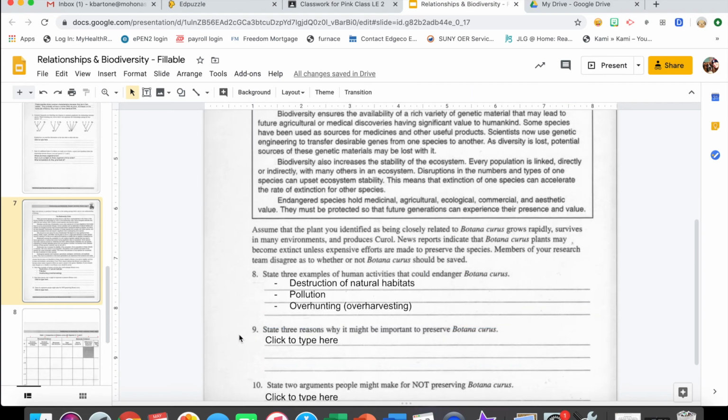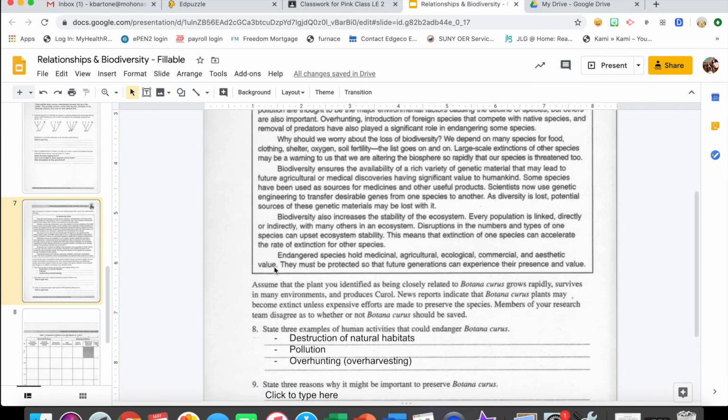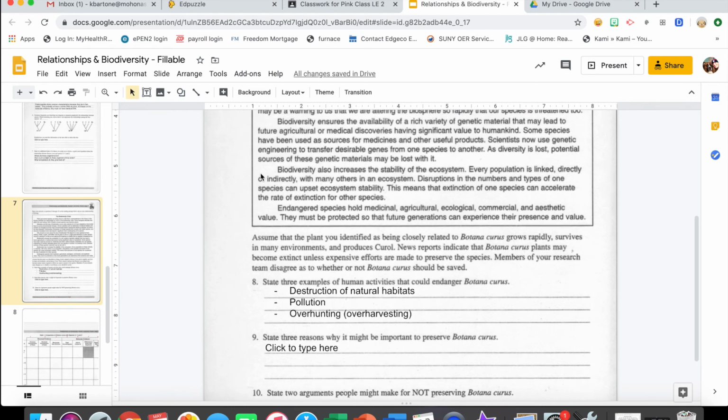Okay. State 3 reasons why it might be important to preserve Botanicurus. So why do we want to keep Botanicurus? Having Botanicurus, the more organisms you have living in an environment, the more biodiversity you have. So what's so great about biodiversity? Well, biodiversity ensures the availability of a rich variety of genetic material.